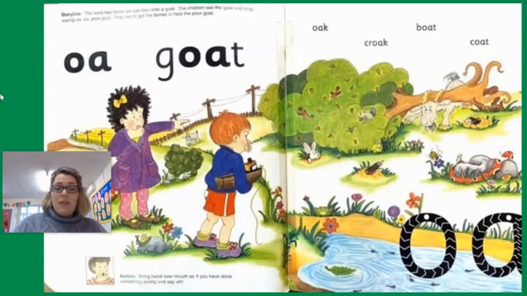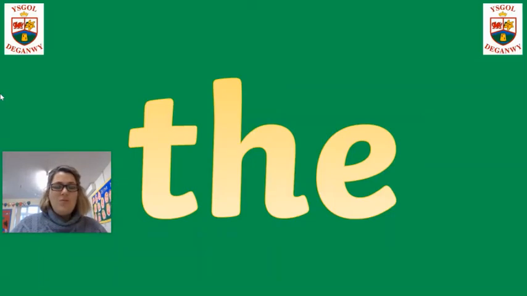Now on Monday, we learned I. Did you think of sentences with your grown-up? Well done, everybody. Okay, so this is the new tricky word we've got. Now, we've got a t, a h.